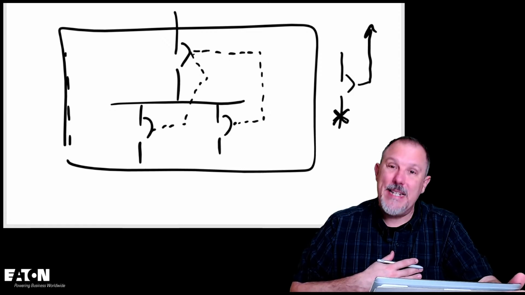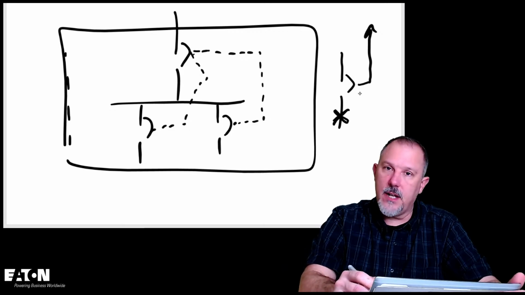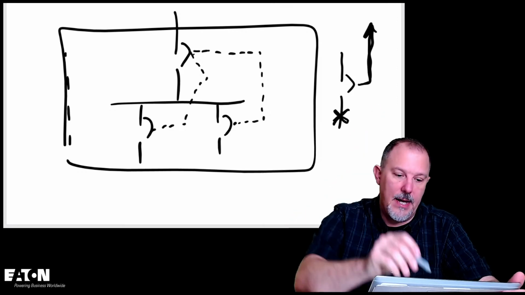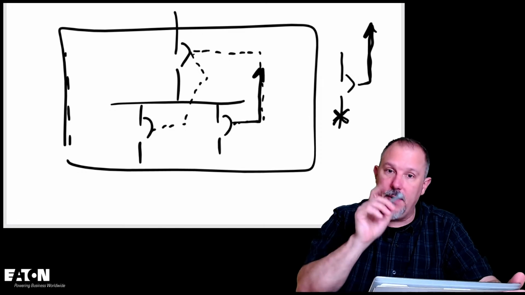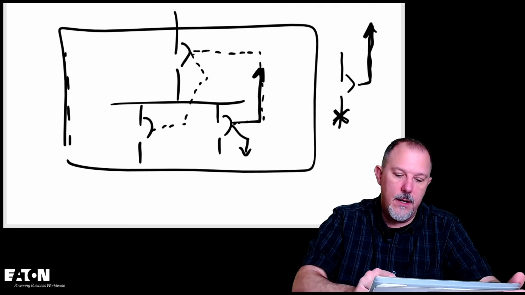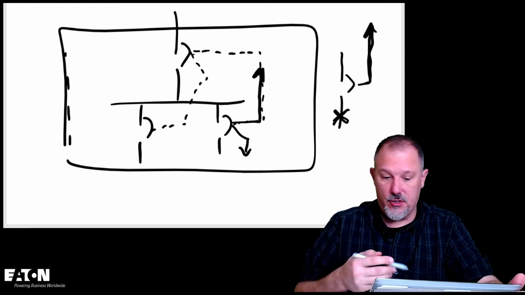And the reason is because in a zone selectively interlocked system, there's a couple set of things. It is sending a signal up to the upstream device. So this is sending a signal up, but it's also listening down for a signal from downstream.